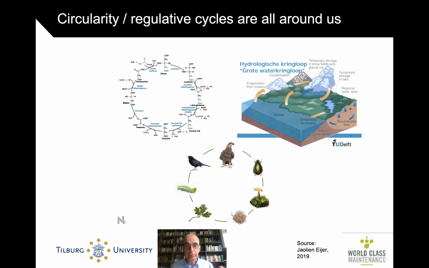So this is from a presentation that Jacqueline gave at the last World Class Maintenance annual event, where she stressed that our planet is full of all sorts of regulative cycles. In biology, but also in ecology. This is the great circular cycle of water from the ocean to the land and back again.